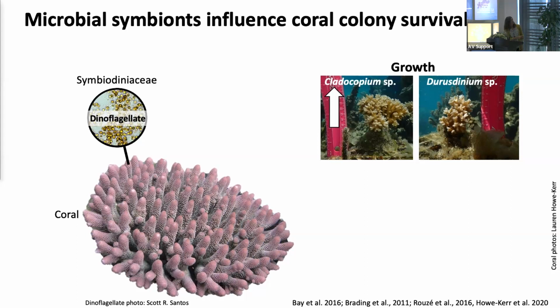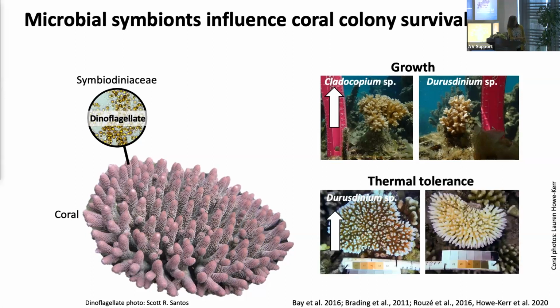So if you have a coral and you break it in half and, in a simplified example, some of it contains a Durusdinium lineage and another piece contains a Cladocopium lineage, you might find that the piece containing the Cladocopium lineage grows faster because these symbionts give more sugars to their host.